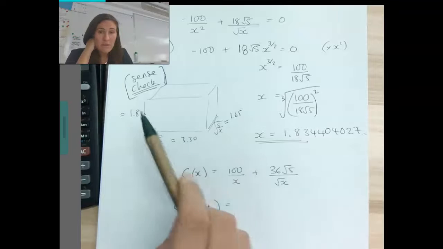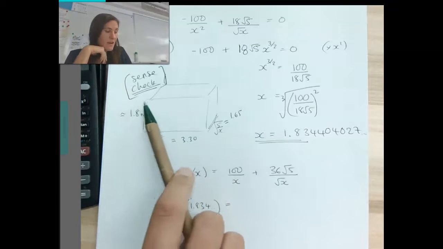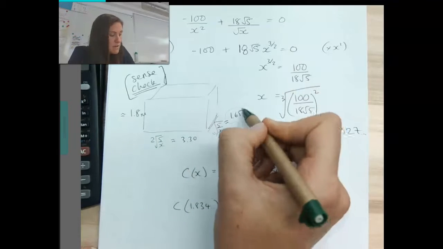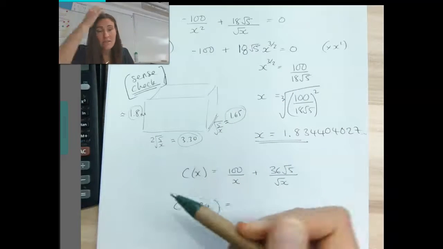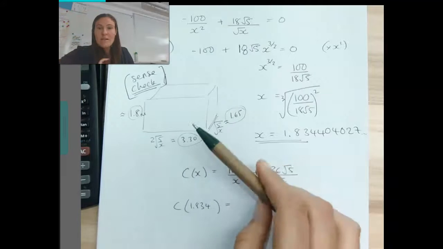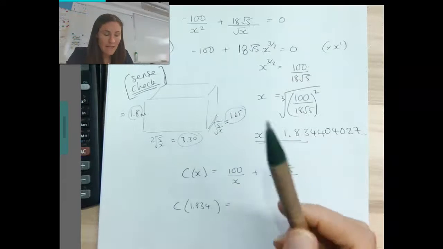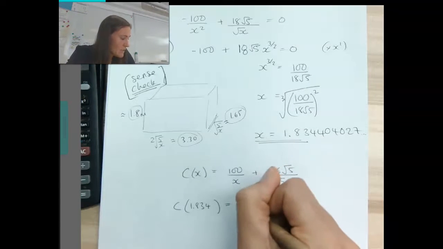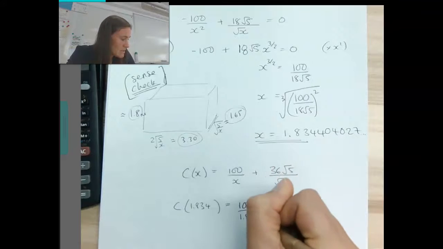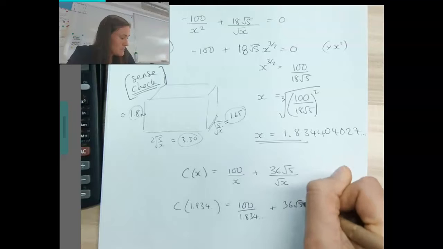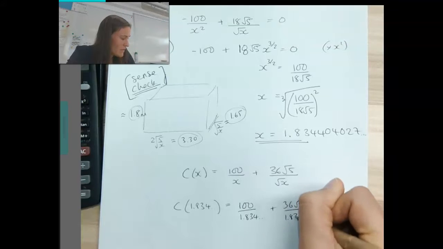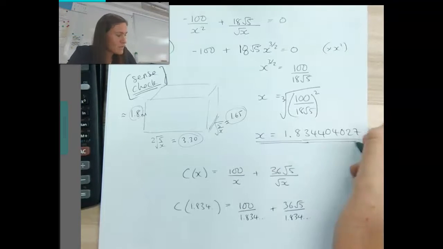If the question also asked me for the dimensions, then I'd be finding these three numbers more precisely, to at least 3 significant figures, and making sure that I wasn't rounding along the way. Actually, all I need to do now is put these values in here. The annoying thing is getting this full answer.